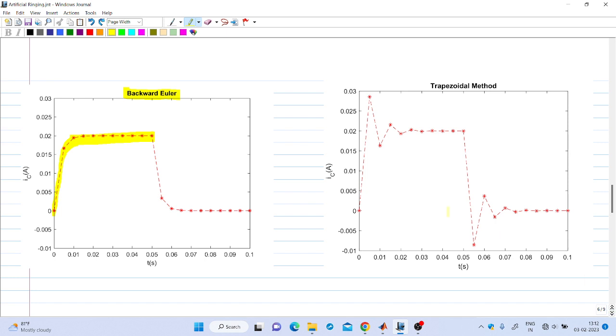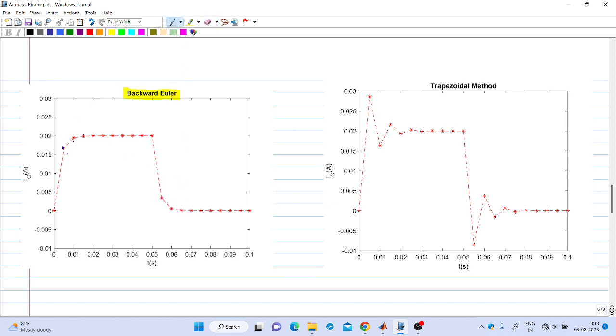So if you observe this waveform clearly, you can see that at the corners, there is some error, because the actual solution will be a smooth function of time. So there is some error in these transitions.